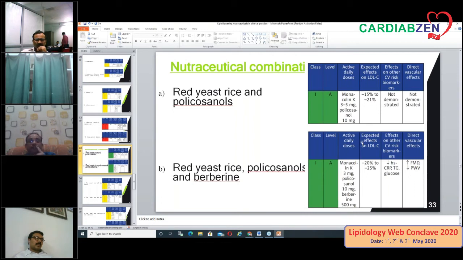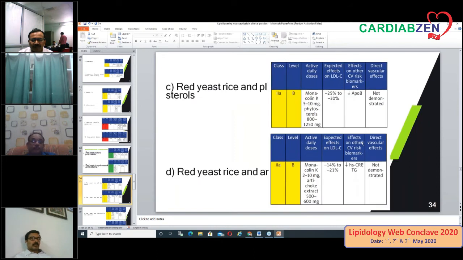Expected LDL cholesterol lowering is approximately 25%, which is quite a good amount of cholesterol lowering propensity with this red yeast rice. Active daily dose is approximately 300 milligram of monacolin, and policosanol is 10 milligram, and berberine is approximately 500 milligram. So this is level 2A, class 2A indication, and level B indication.